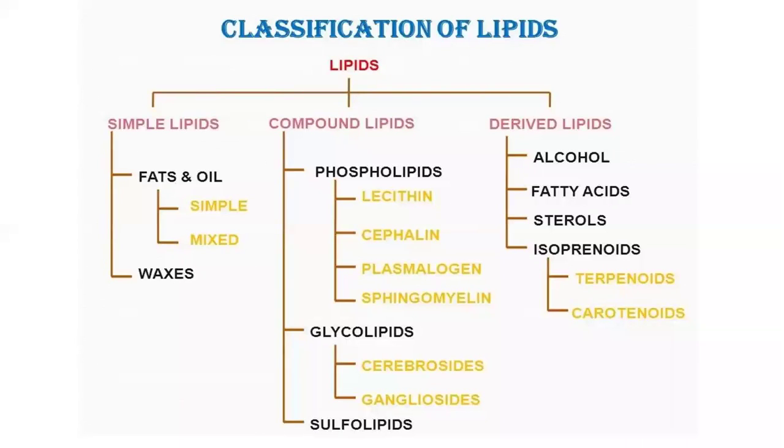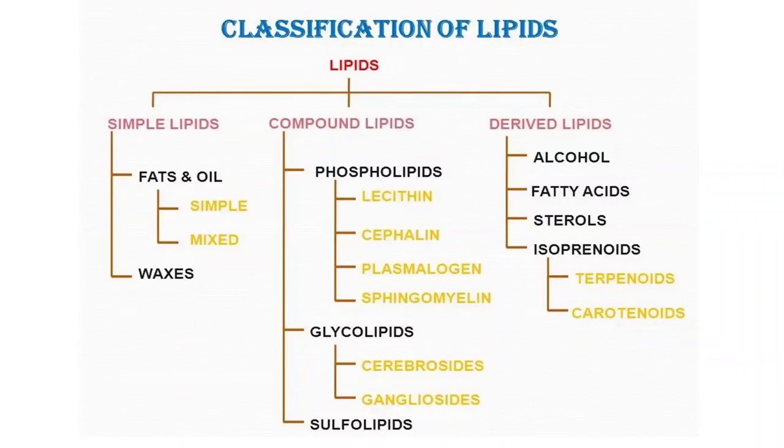The simple lipids examples are fats and oils, mixed fats, and waxes. These come under the simple lipids. Compound lipids: phospholipids, glycolipids, sulfolipids. In phospholipids, along with the lipid part, a phosphate part, the non-lipid part, should be present.